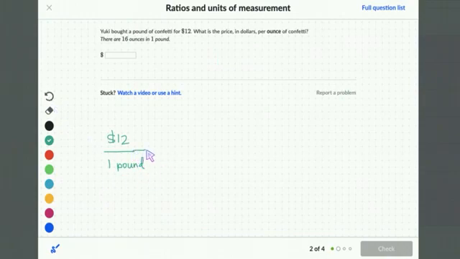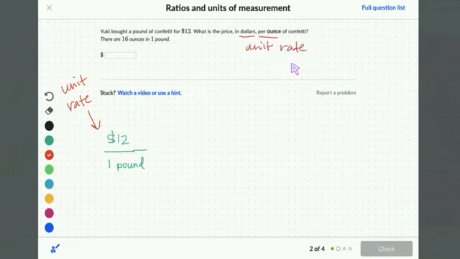So it's $12 per 1 pound. It's important to note that this right here is a rate. They're telling us how much something costs per 1 unit. That's a unit rate right there. And what they ask us to find is also a unit rate. They want to know how much it is in dollars per ounce. So they want our answer to be a unit rate.